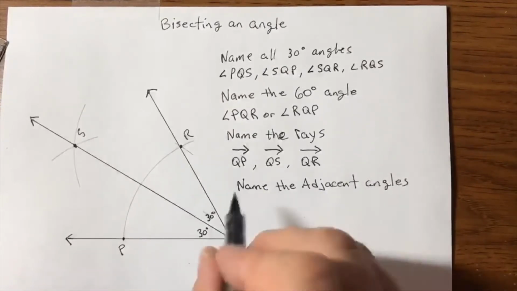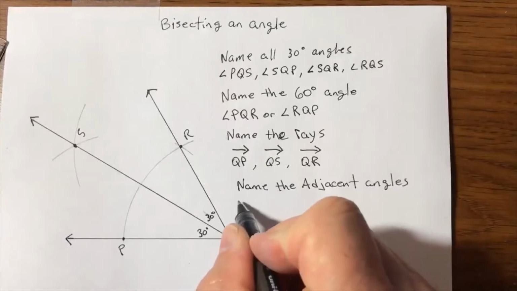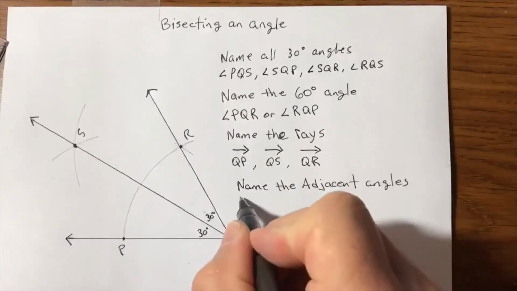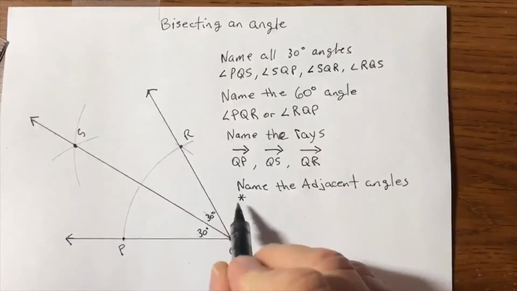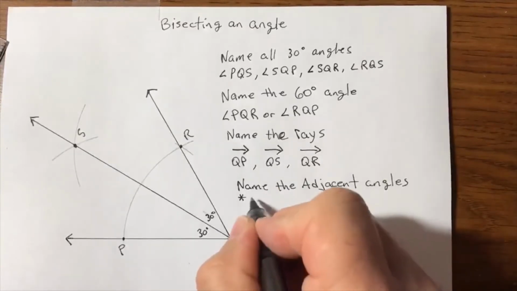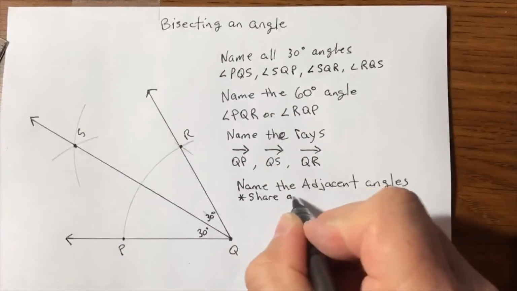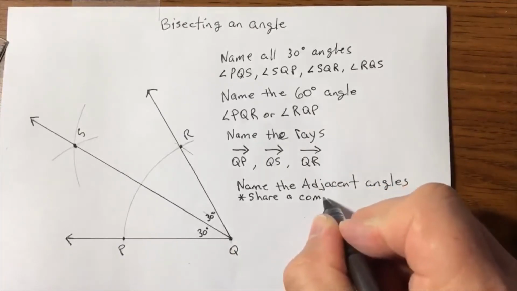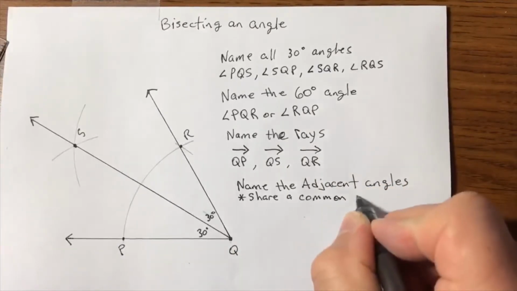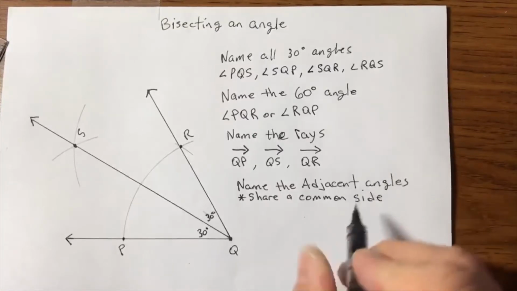These are angles that share a common side. So here's sort of the definition of adjacent angles. They share a common side. In this case would be the ray.